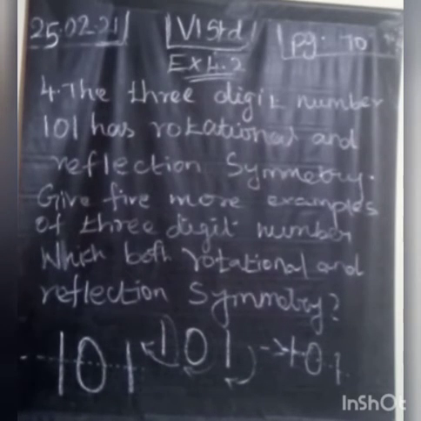So in this way we have to give 5 more examples of 3-digit numbers which have both rotational and reflection symmetry.